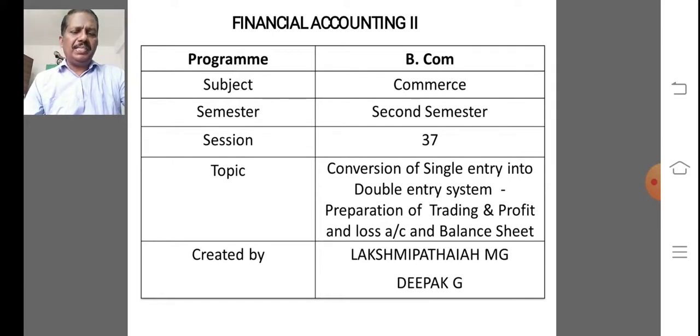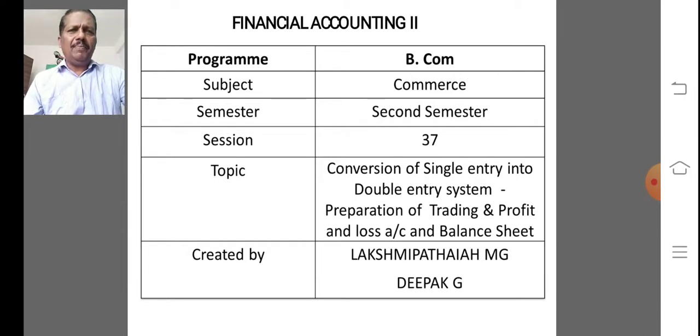Therefore, when the firm decides to convert its books of accounts from single entry system to double entry system, it is necessary to find out all the missing information as per the steps of conversion, which is required to prepare trading and profit and loss account and balance sheet under double entry system of bookkeeping.